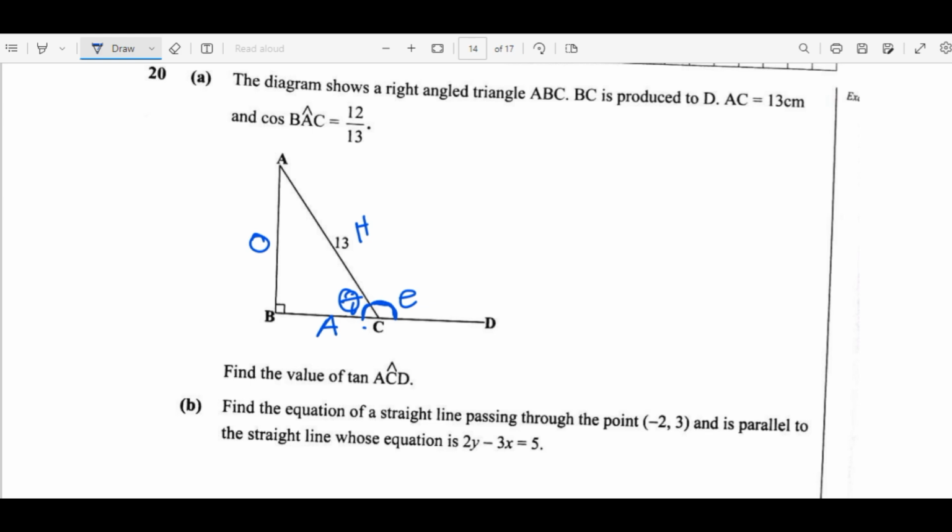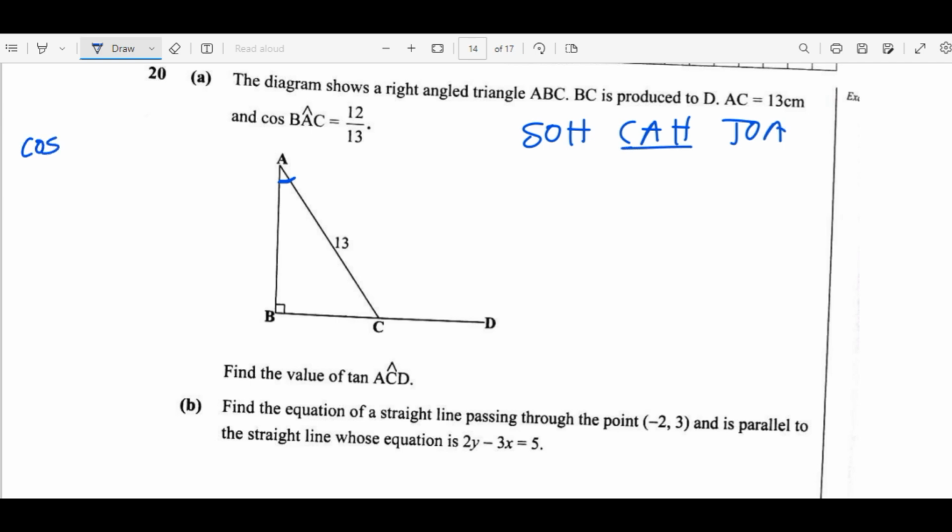Now before you look at tan, first let's look at the cos that we are given. Okay, let's remove these. So cos BAC, this one here is giving us this. Now if you go back to trigonometry from the SOHCAHTOA, cos goes with CAH.